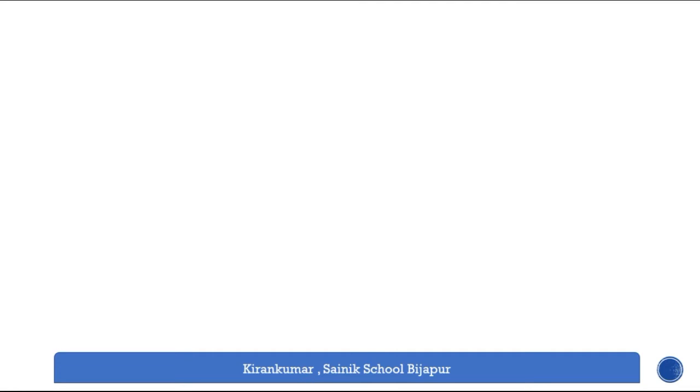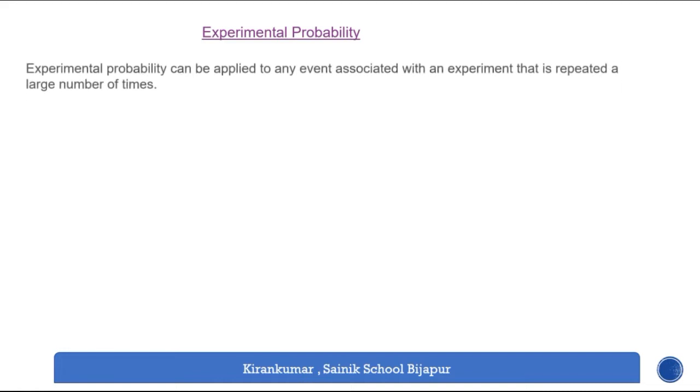If you recall, in class 9th we also learned experimental probability. Experimental probability can be applied to any event associated with an experiment that is repeated a large number of times.